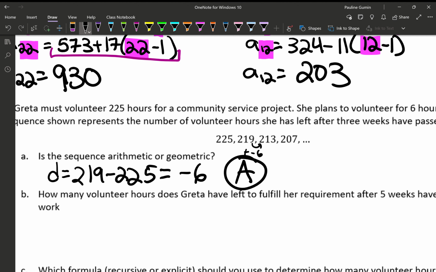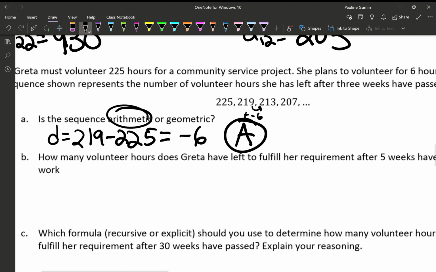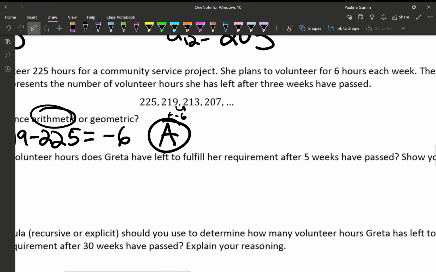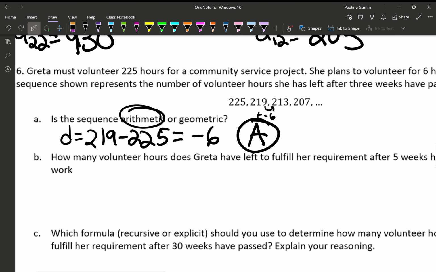Yes, it's arithmetic. How many volunteer hours does Greta have left to fulfill her requirement after 5 weeks? Show your work. Okay. Well, she has 225. So this is 1 week, 2 weeks, 3 weeks.